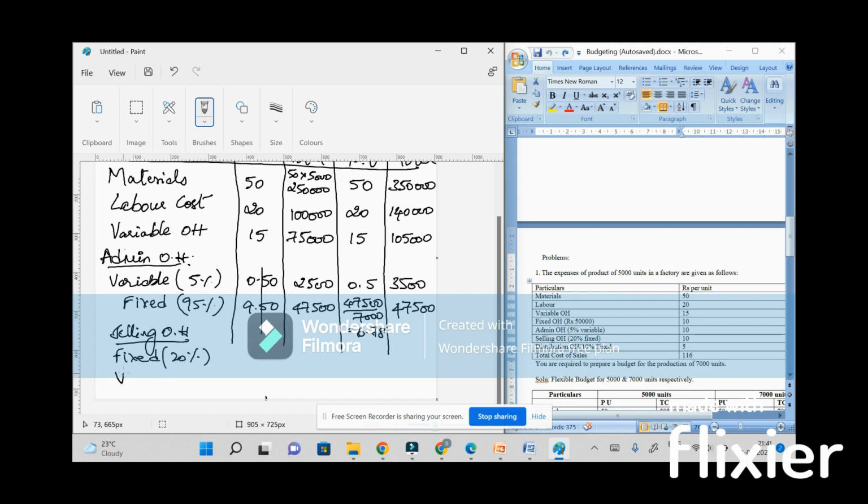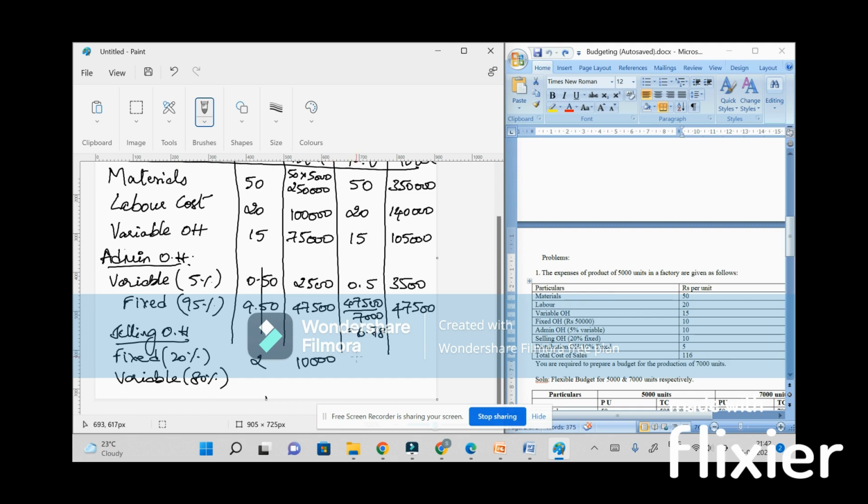So let's consider fixed 20%, and variable is going to be the remaining 80%. Out of 10 rupees, 20% is nothing but 2 rupees in terms of fixed, and variable is 80% of 10 rupees, which is 8 rupees.